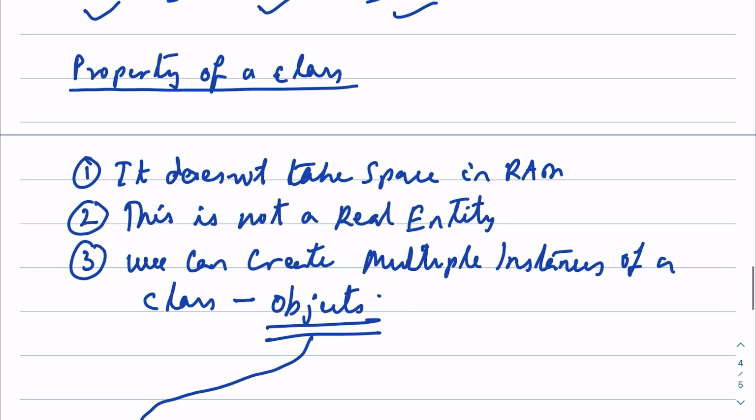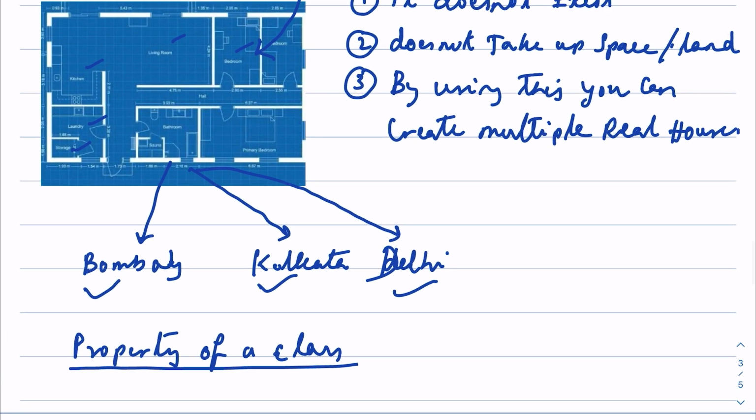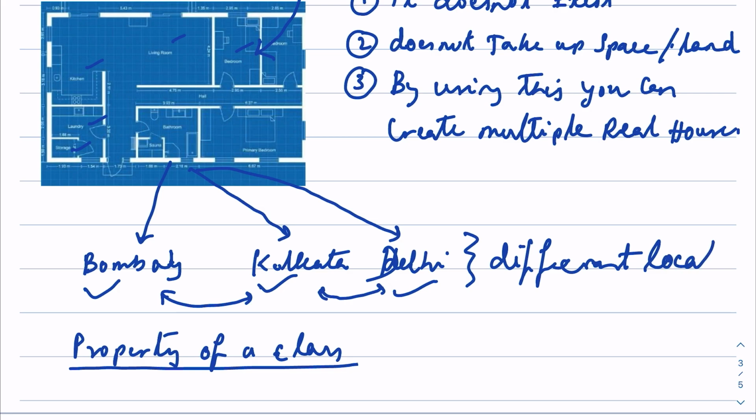Like in the above example, with this blueprint you can create a real house in Bombay, Kolkata and Delhi. But these houses are completely different from each other. These houses are completely unrelated to each other. Although they will look the same, they are present at different locations, so what's happening inside these houses is completely different.